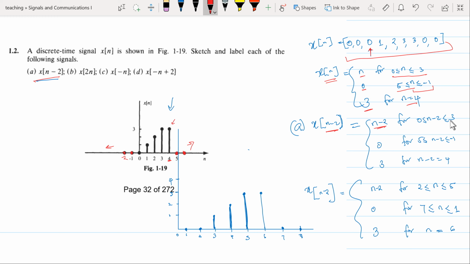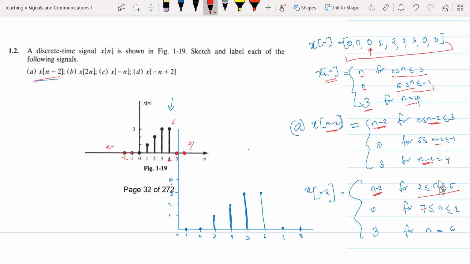We express it exactly the way it was before, but now with n minus 2 replacing n. When we add 2 on both sides, our range changes from 0 to 3 to 2 to 5. And therefore, of course, the same thing happens to the other ranges.